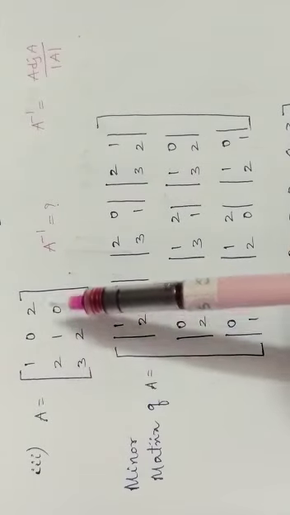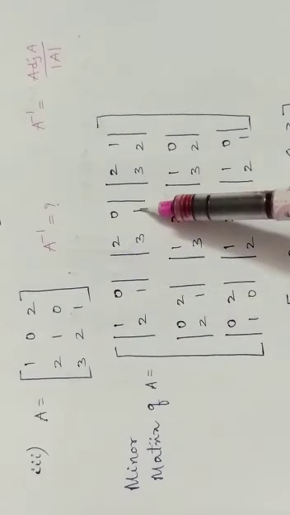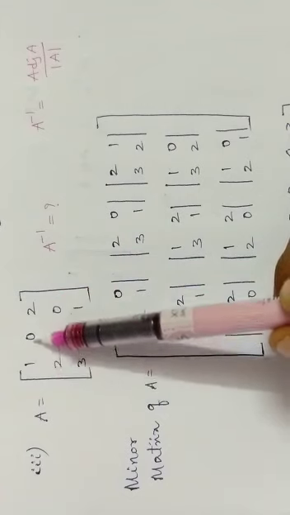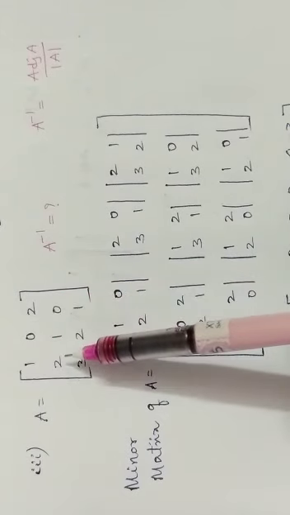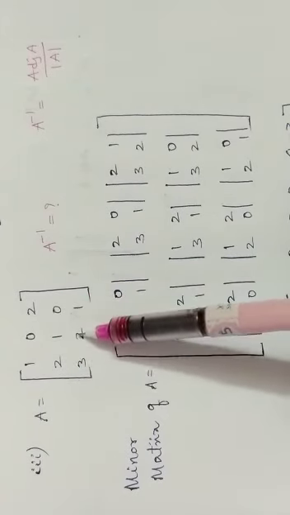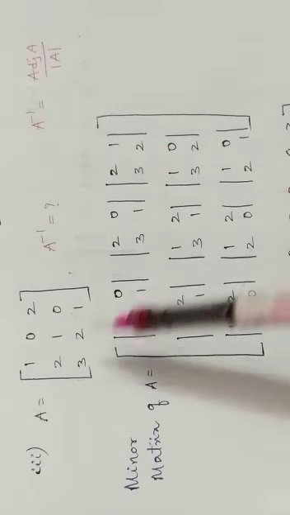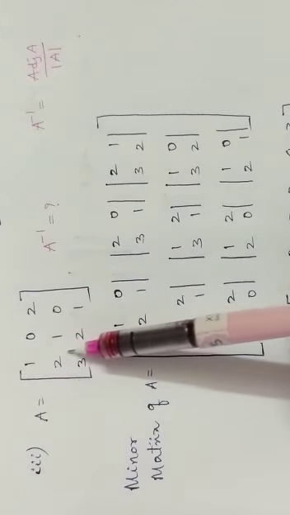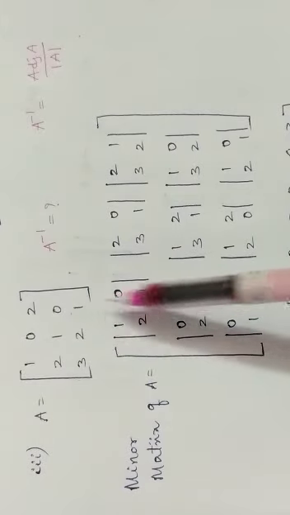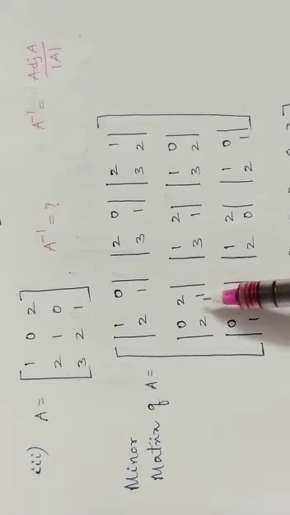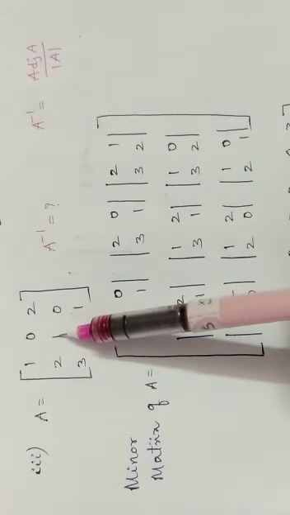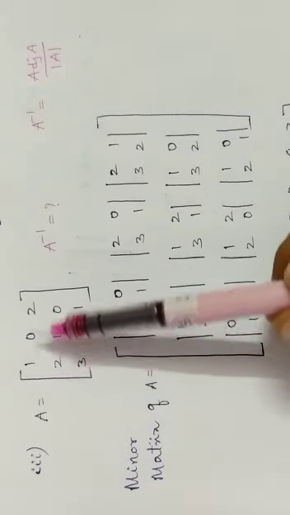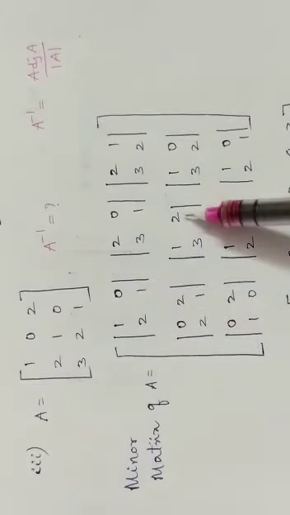The 4 elements are 2, 0, 3, 1. Minor of 2. Remove row and column. The 4 elements are 2, 1, 3, 2. Minor of 2. Remove row and column: 0, 2, 2, 1. Minor of 1, remove this row and column. The 4 elements are 1, 2, 3, 1.